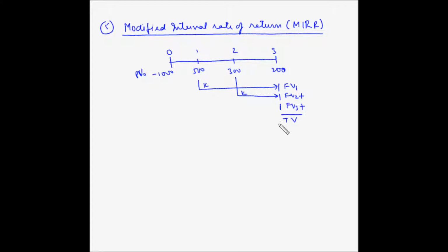And then we have to determine the discount rate that forces the present value of this terminal value to equal the present value of the cash outflows. And this rate will be MIRR.